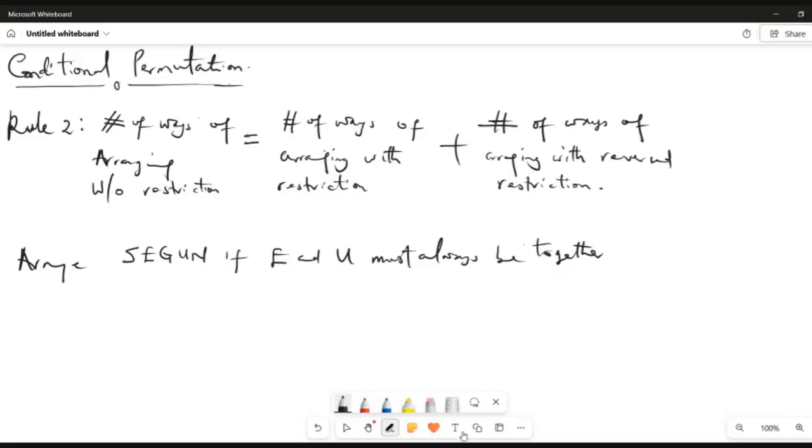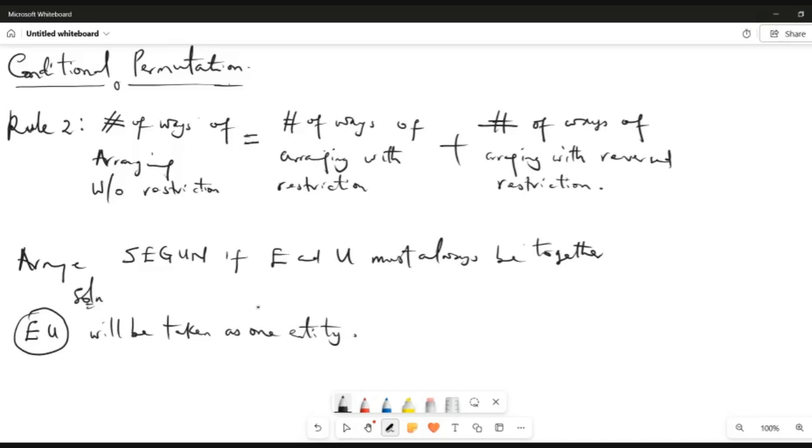So what do we do? I'm just using this as a demo to explain what is going on here. So if E and U must always be together, E and U will be taken as one entity.